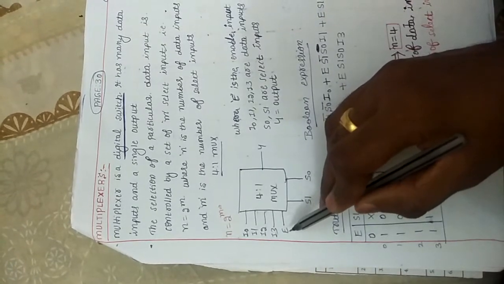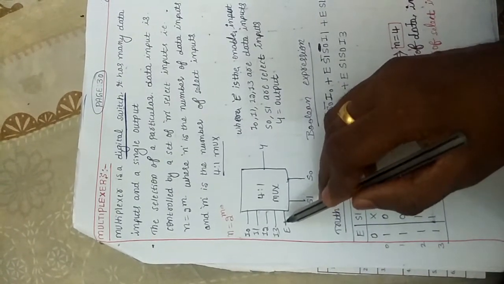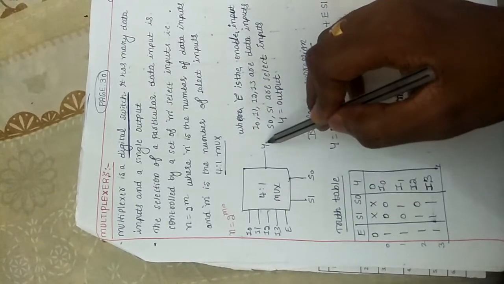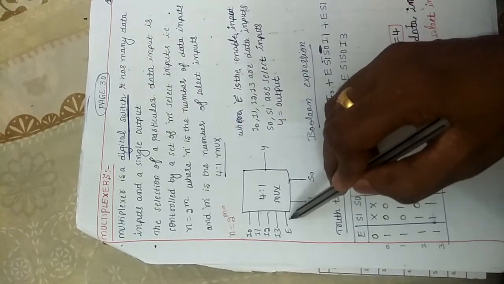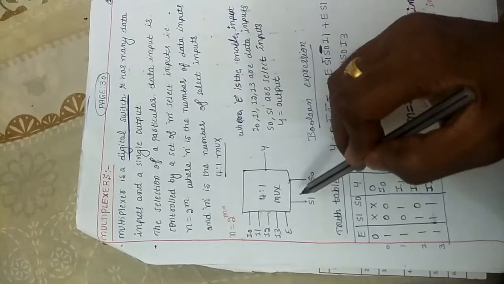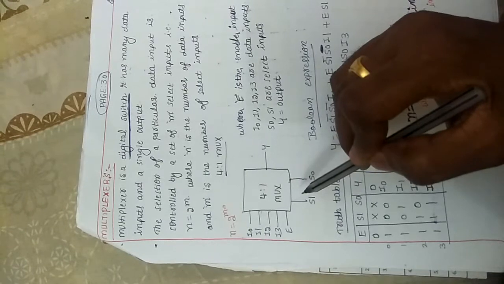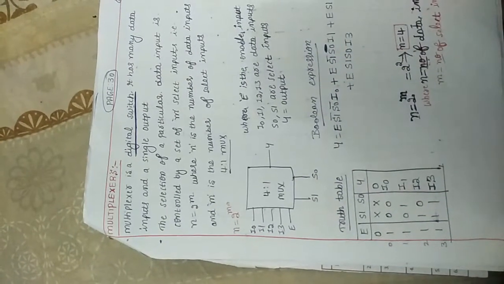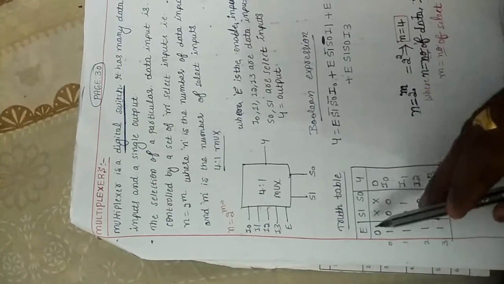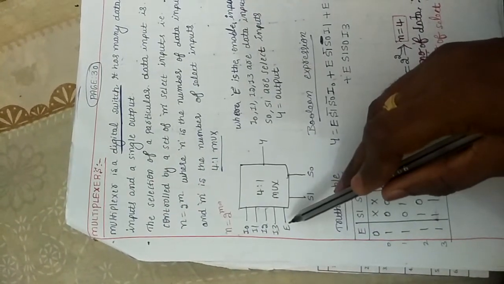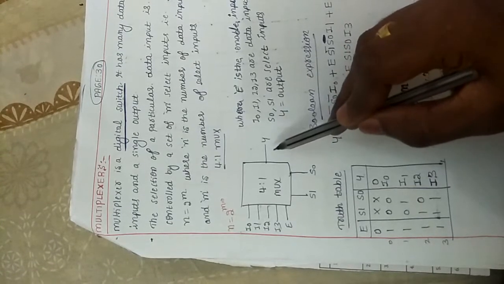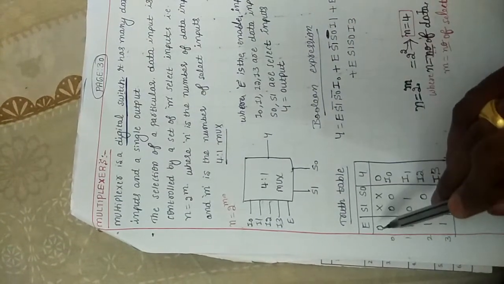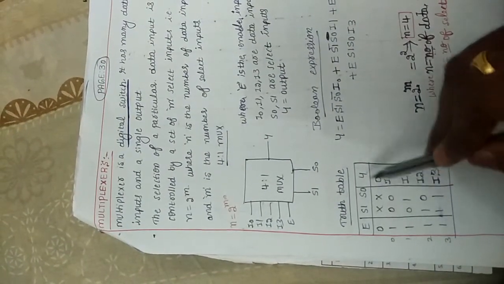E stands for the enable pin. For an input to appear at the output, enable should always be 1, and then it depends on the select line input. If enable is 0, irrespective of the select lines and the inputs, the output is 0.